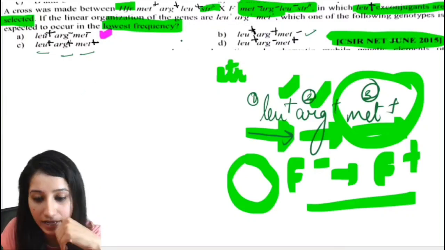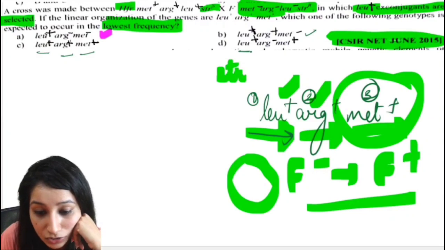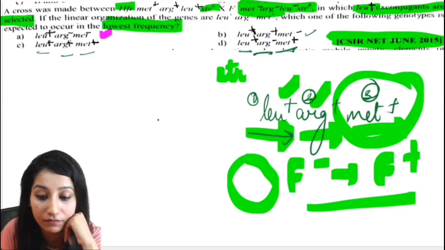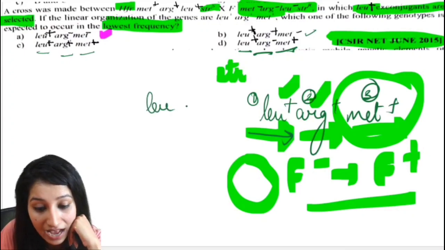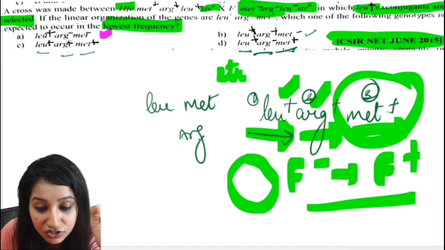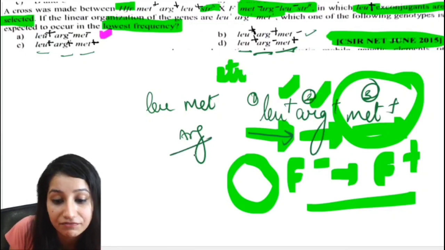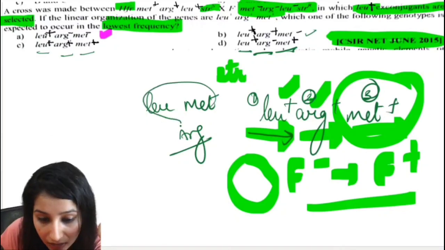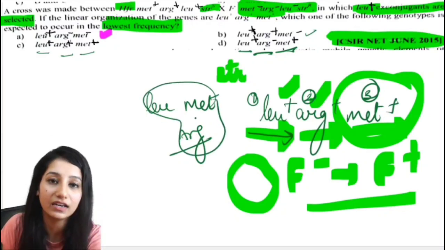But let's see the next option. It says leucine positive, arginine negative and methionine positive. That means leucine has transferred, then directly methionine has been transferred, but arginine wasn't transferred from the Hfr strain to the F negative strain. This can't occur. This is a very rare condition.